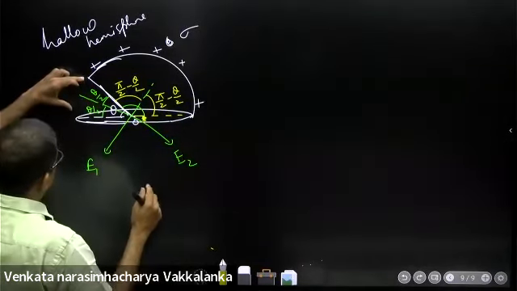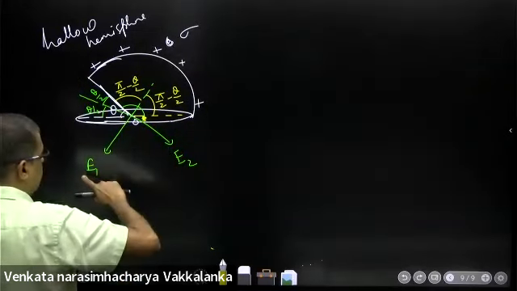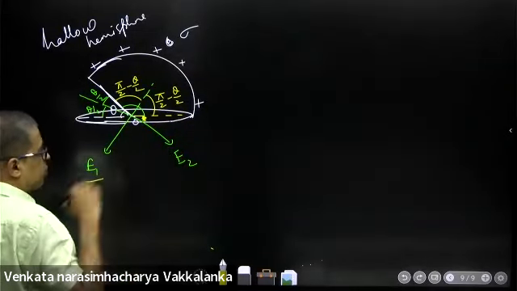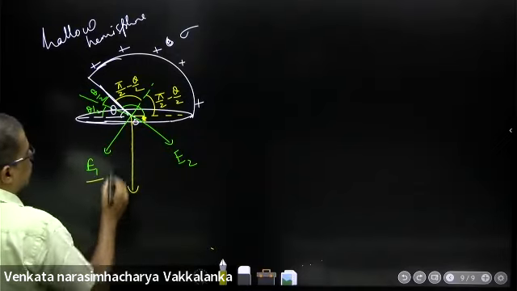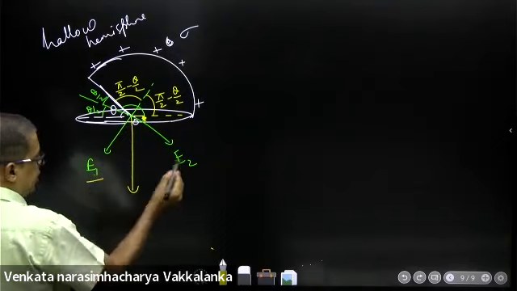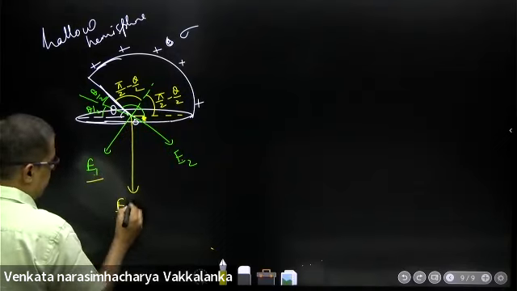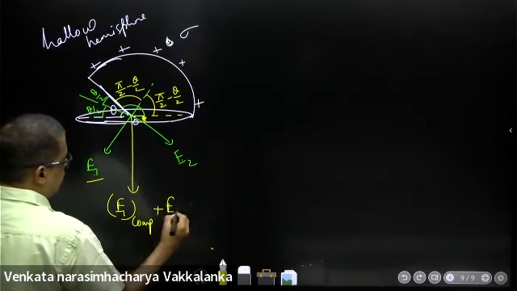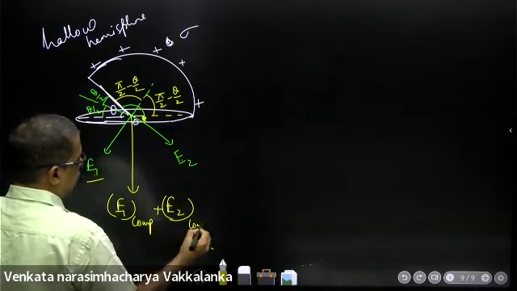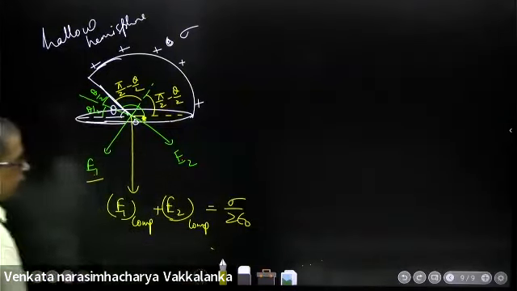When I place this piece back, the removed part ka field is E2, leftover part ka field is E1. E1 is what you are asking. Resolve both of them in this direction. Component of E1 and E2 in this direction. E1 component plus E2 component should be equal to sigma by 2 epsilon naught.